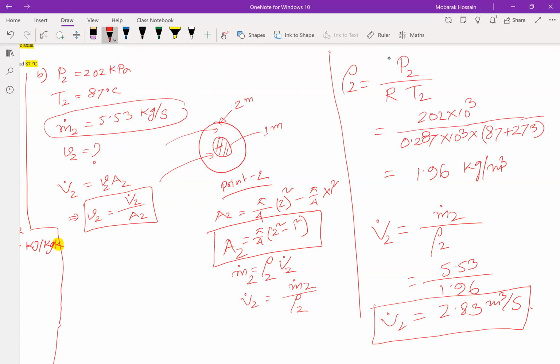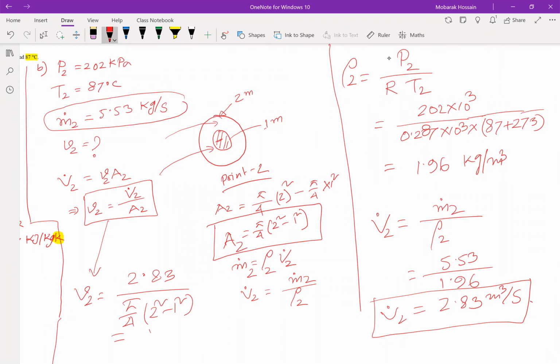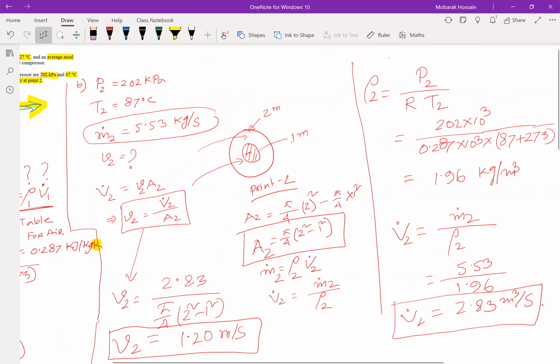If you use these values, finally your velocity at 2 will be 2.83 divided by pi over 4 times (2 squared minus 1 squared), and it will be 1.20 meter per second. So your velocity at location 2 will be 1.2 meter per second. That's it.